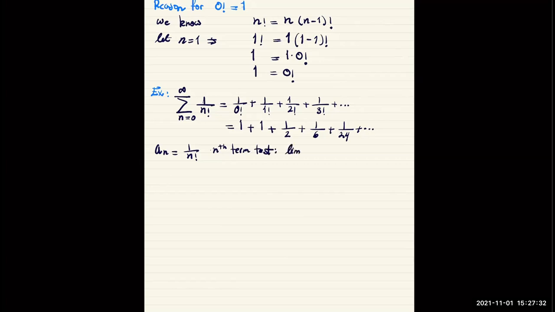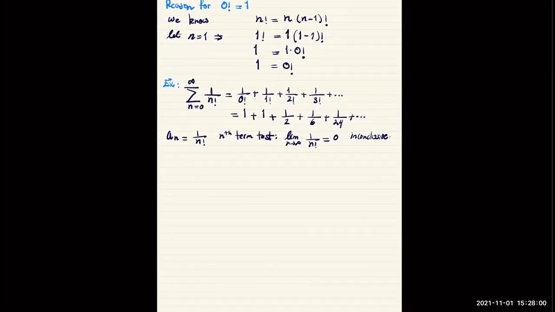The limit as n goes to infinity of 1 over n factorial is obviously 0. The denominator just gets bigger and bigger, so that limit is 0. The nth term test is not conclusive. If the nth term went to anything but 0, then we would know that the series is divergent. That is not happening here.